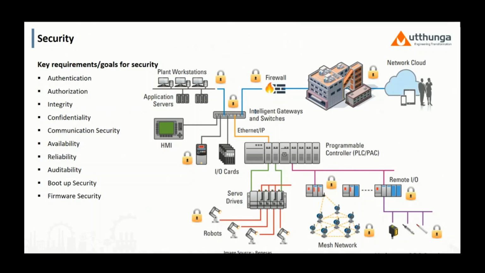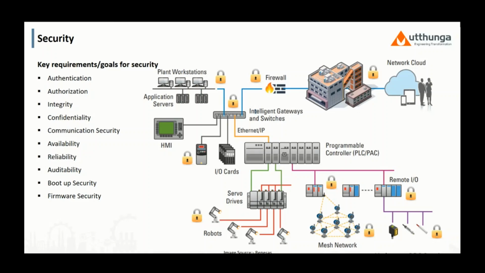So authentication, authorization, integrity of the data, so that no one tampered with the data, confidentiality of the data that is stored on the device itself or edge gateway itself, and also the confidentiality of the data being exchanged in and out of the edge, and availability of the service and availability of the data, as well as reliability of the connection, connection availability and device availability, and then auditability in terms of different events and different alarms occurring in the system, and then boot up security, and also to safeguard your device from a firmware upgrade by any unauthorized users.